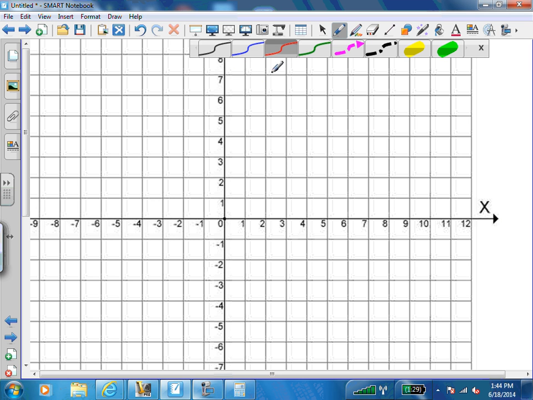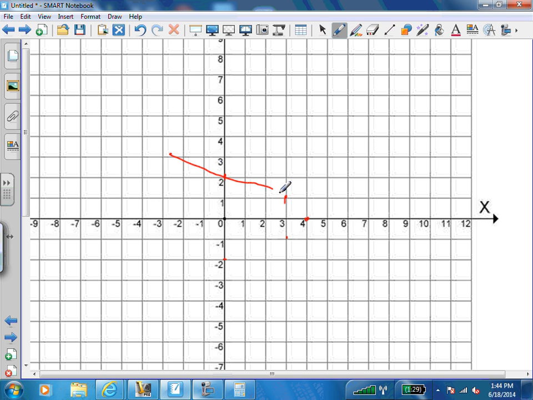Let's suppose we have that. Is that a function?